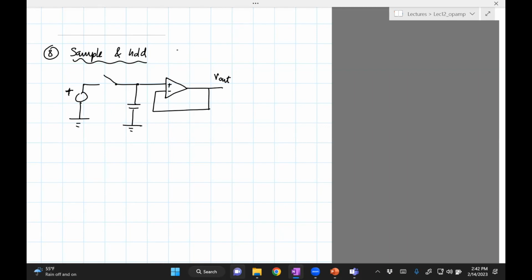Okay, so this is how it looks when the switch is open, and then clearly when you close. Let me just do it this way. I just need to redraw the circuit. It's the same circuit, nothing changes.